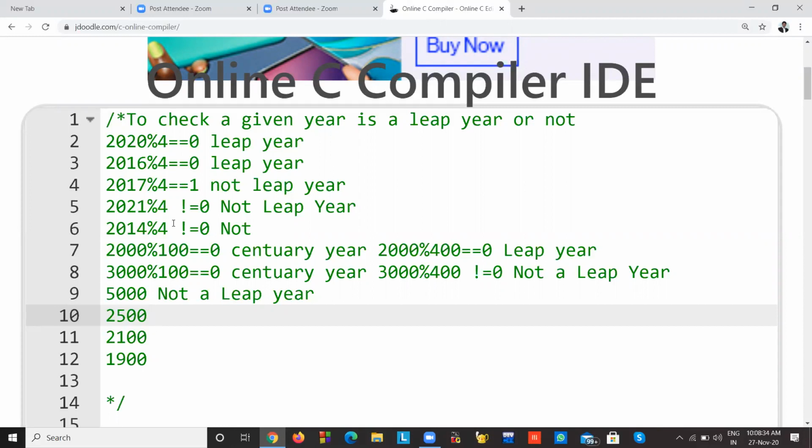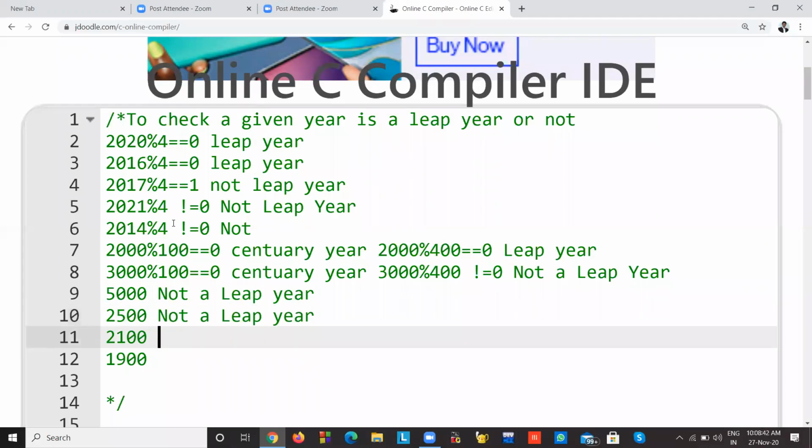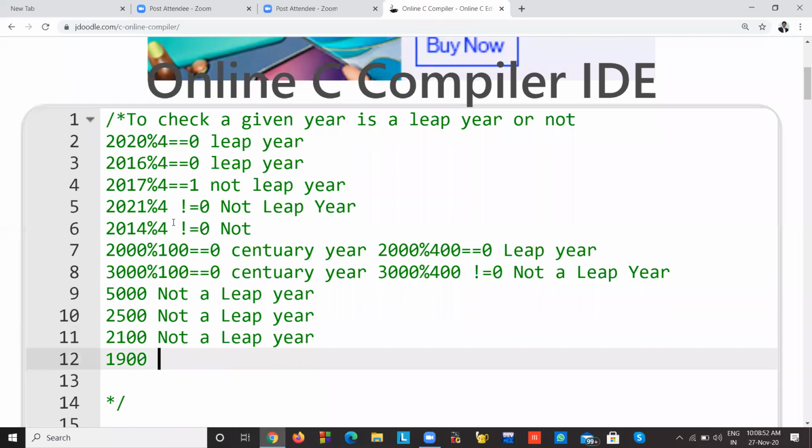So that means it is not 0. Therefore it is also not a leap year. Clear? Okay, this is also not a leap year.